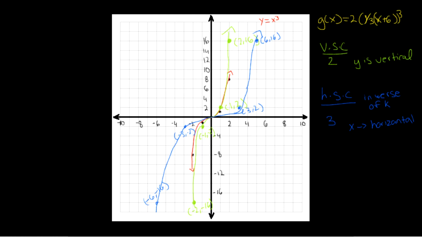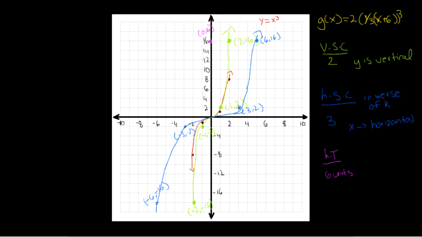Now, finally, last but not least, we have the transformation, horizontal translation, 6 units to the left. So we just move everything 6 units to the left. So this point will be right here, (0, 16). Just move, because remember horizontal is the x.